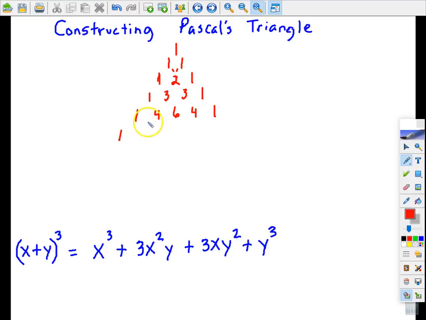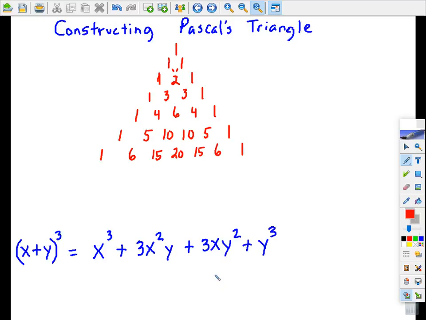Start with 1, 1 plus 4 is 5, 4 plus 6 is 10, 10 again, 4 plus 1 is 5, end with 1. All right, and we'll do one more. Start with 1, 1 plus 5 is 6, 5 plus 10 is 15, 10 plus 10 is 20, 10 plus 5 is 15, 5 plus 1 is 6, and we'll end with 1.